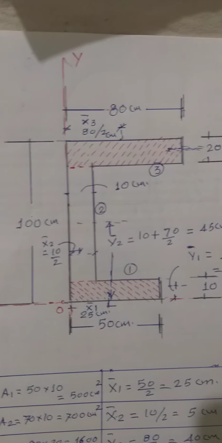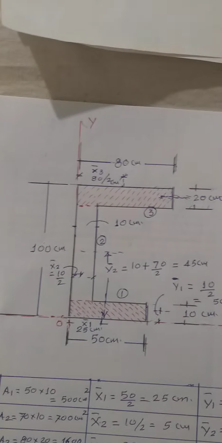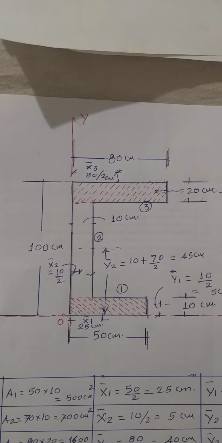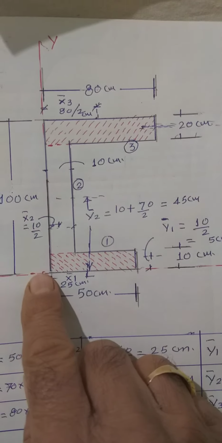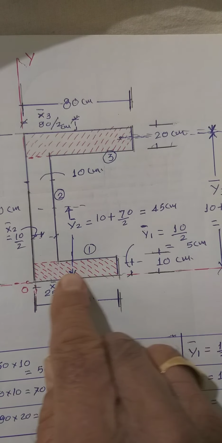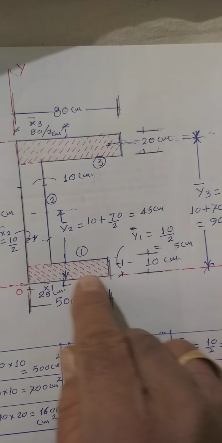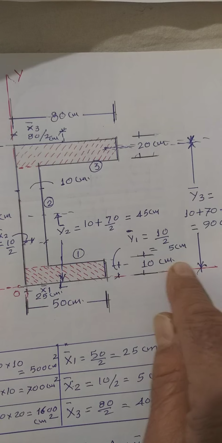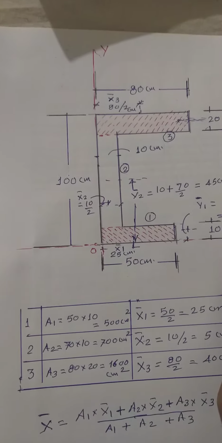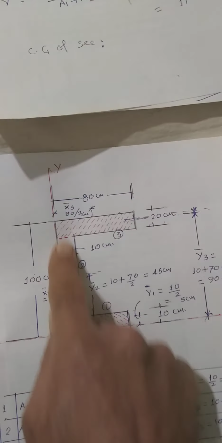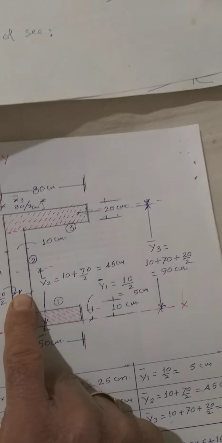Again come back over here and now find out the value of y bar 1, y bar 2 and y bar 3 from this reference line. Always consider this reference line for finding out the value of individual y bar and this reference line for calculating individual x bar.